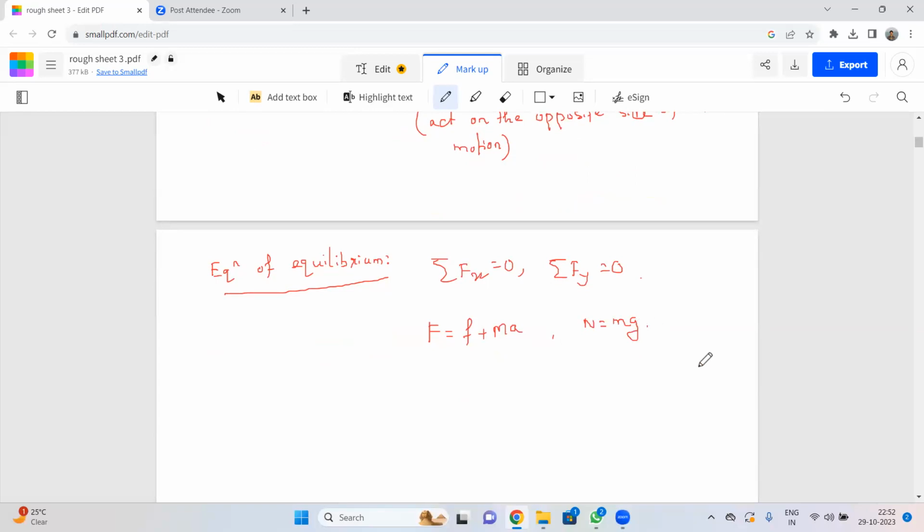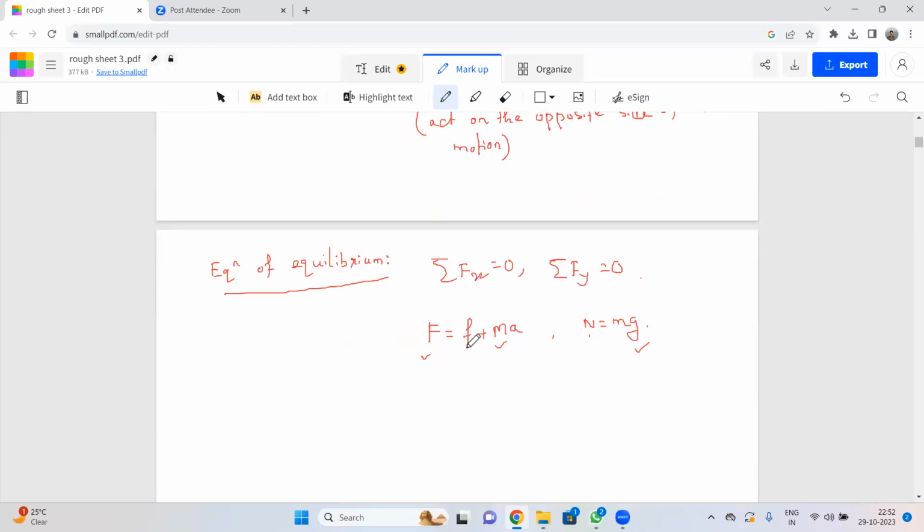So what is our unknown actually? That a, the acceleration, we need to find out. The mass of the block we know, g obviously we know, the given force F we also know. What we don't know is a and f.